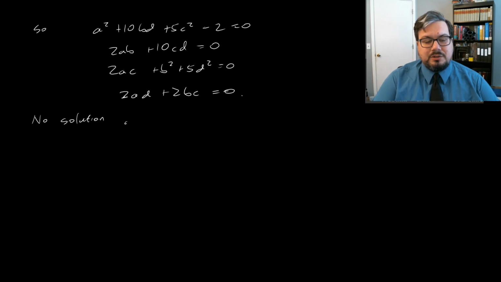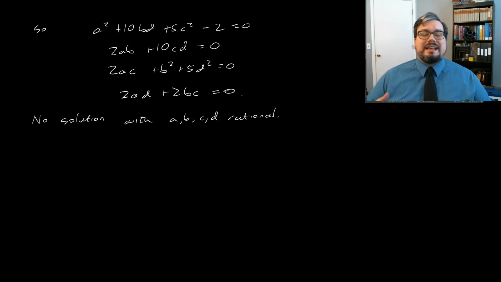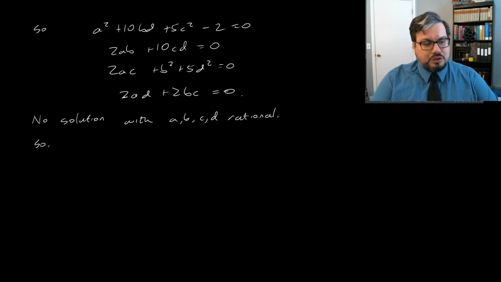And this uses at various times throughout the process the fact that the square root of 2 is irrational, and the fact that the square root of 5 is irrational, which makes sense because we're using 5s and 2s as part of our alpha 1s and alpha 3s. So this has no solution if a, b, c, and d all have to be rational. So this means that x squared minus 2 has no roots in Q(alpha 3).